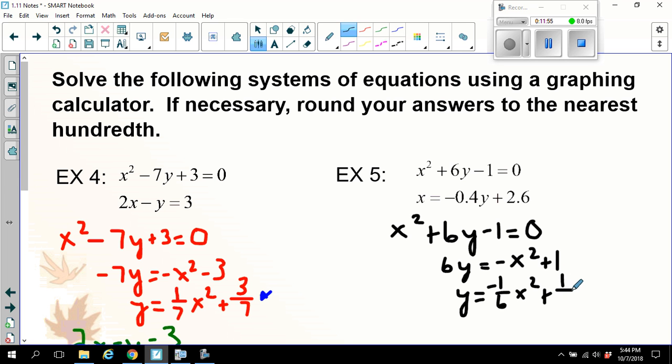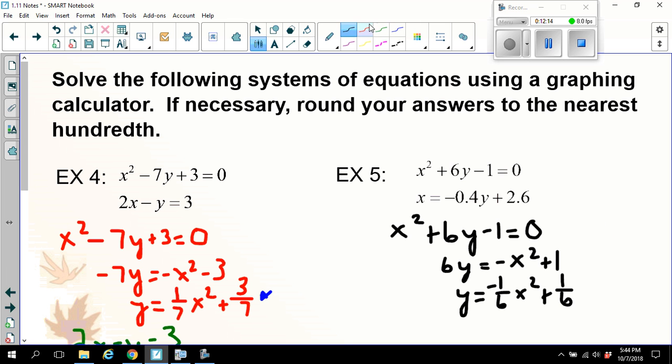Now it's okay for this time to have a negative x squared because we're plugging it into our graphing calculator. The only time we don't want a negative variable squared is when we're actually doing the algebraic way, substitution, because it makes factoring harder to do that.